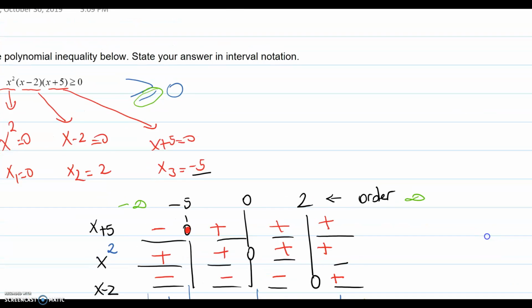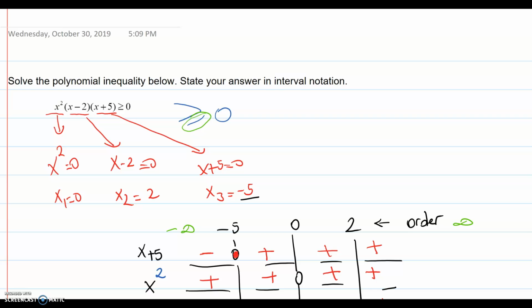So if we go ahead and do this problem by using polynomial graphing, right? Let's see. This is my y-axis, this is my x-axis. I will put the roots again here, right? -5, 0, and 2.